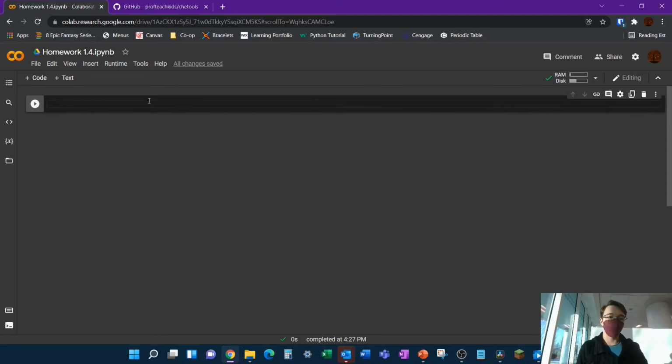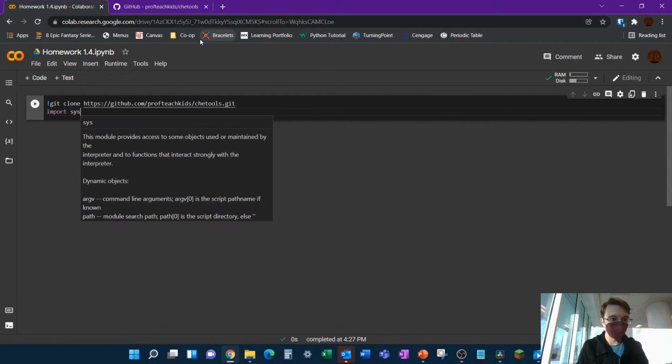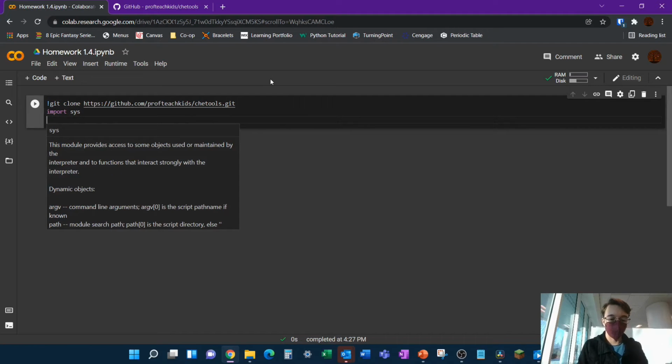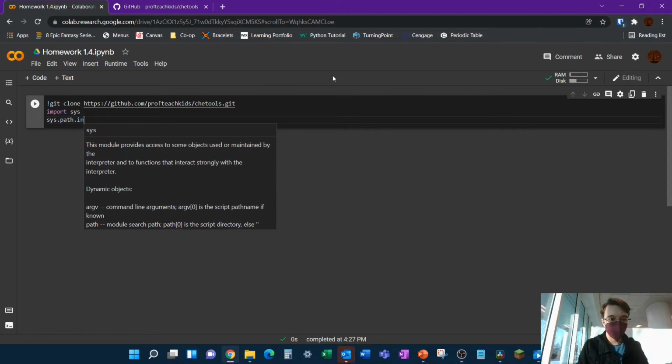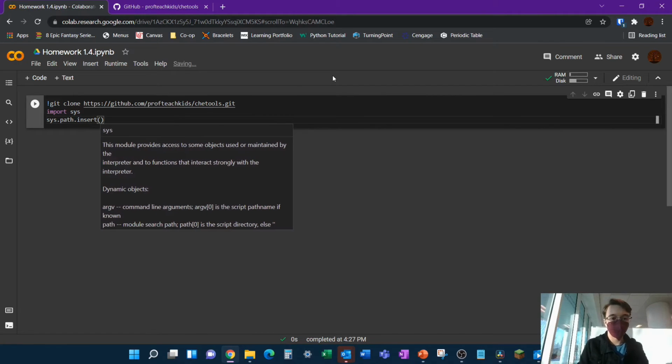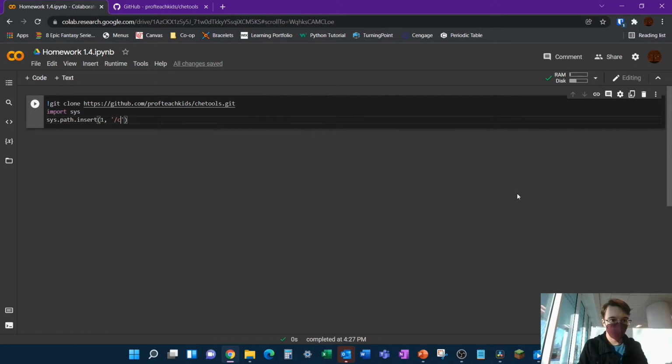We're going to go over to our Python, and we're going to use the git clone command with that link. And then we're going to want to import sys, and then we're going to use sys.path.insert, and we're going to insert the file path.